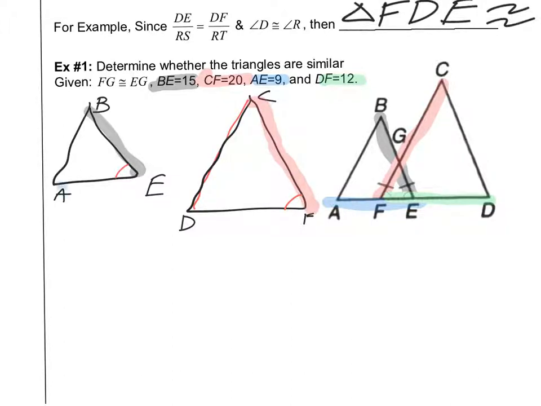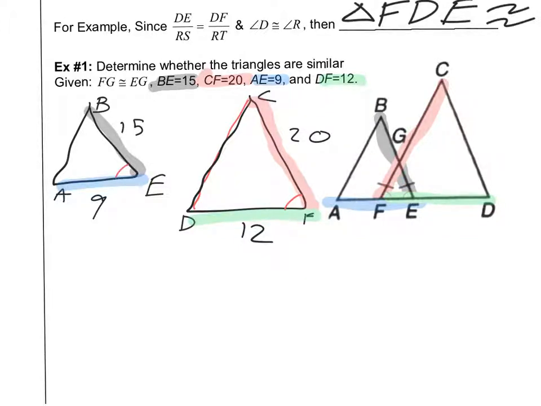Remember that here's AE, and now DF is still on the bottom. And so if we go back in and we just put in all the information, right? So BE is 15, CF is 20, AE is 9, and DF is 12. Now it's really easy to see that these two sides match up, these two angles match up, and these two sides match up. And we already know that these two angles are congruent. We learned that from the statement here when we talked about isosceles triangles.